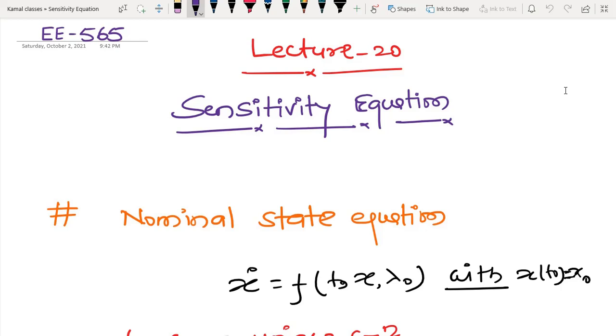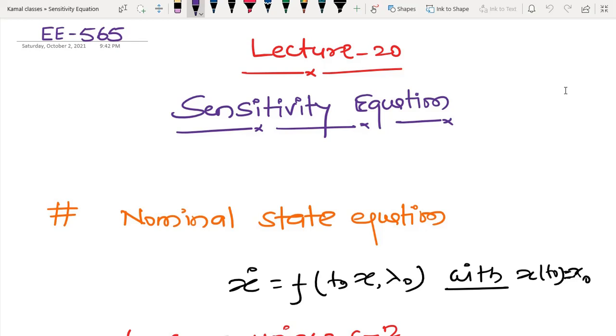parameters, like mass, sometimes spring constant, sometimes the value of capacitance, inductance, and based on the type of system description, we have several system parameters.